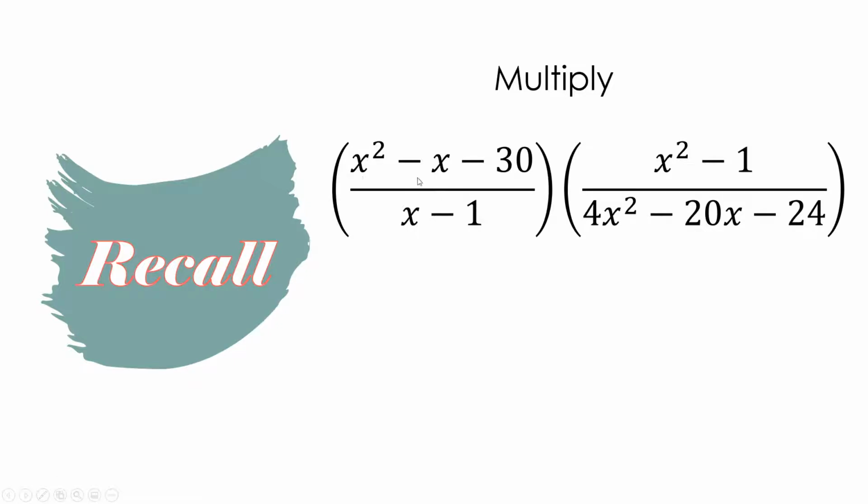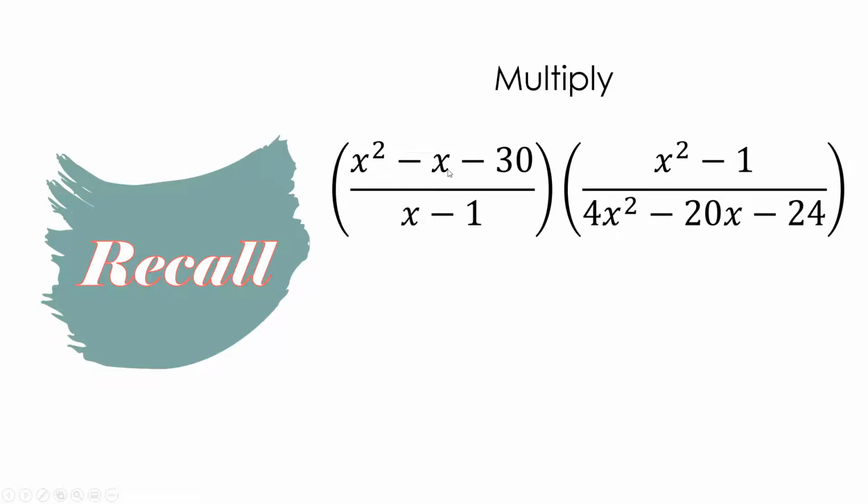Are there any common factors between x squared, x, and 30? None, because 30 has no factor of x. So in other words, this is a trinomial. Now, we have to factor the trinomial.